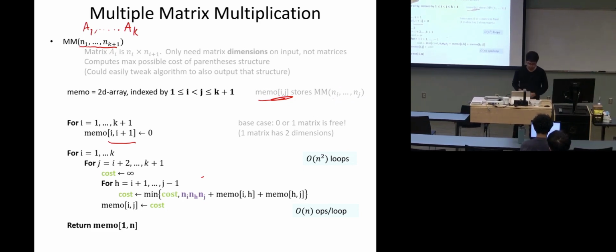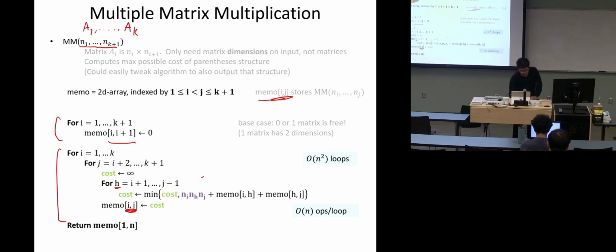And then this is just the base case, and in the general case, how do you fill in the table? Well, in the table at entry ij, what you need to do is just choose where you want to split, right? So this parameter h is just the index that you want to split at.